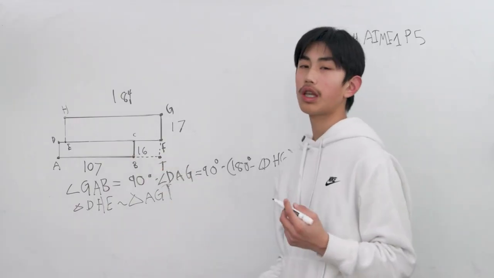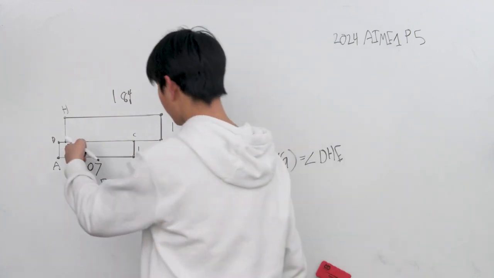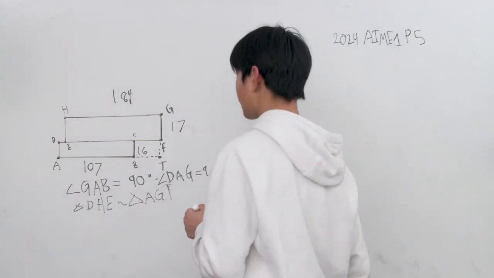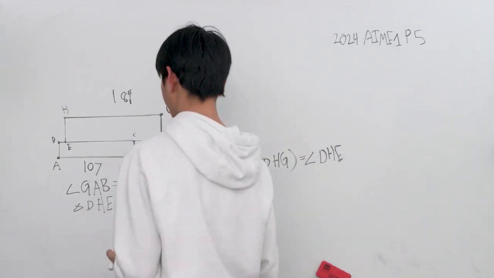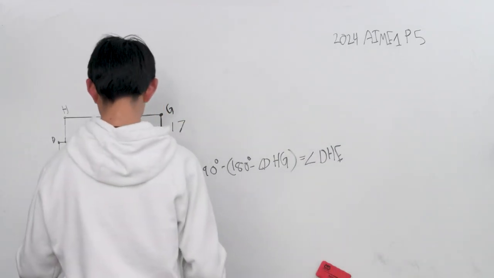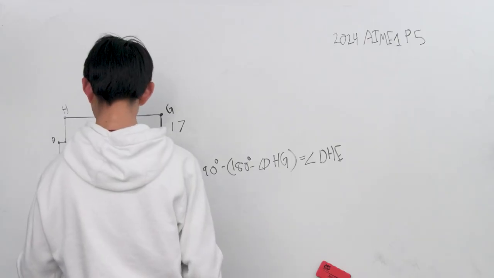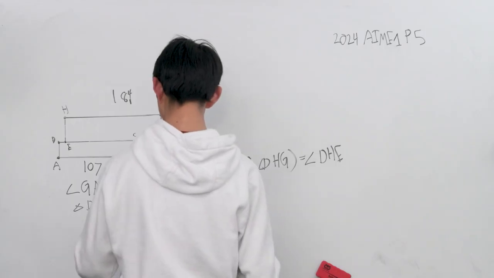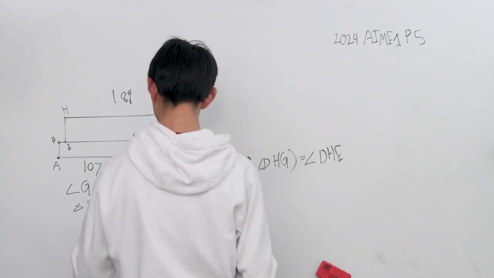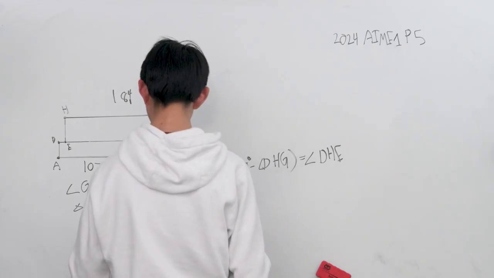So with that information, let's call that tiny DE x. Then we can use some ratios. DE over EH is equal to GT over AT.